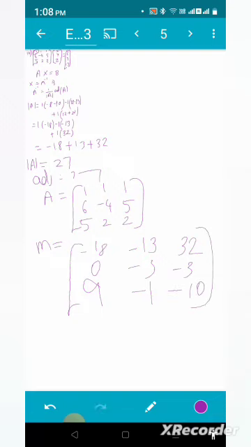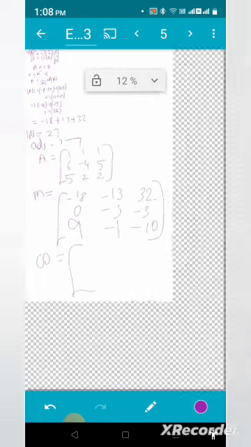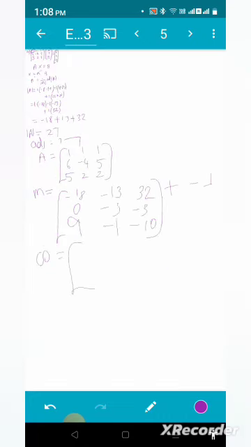So from this we have to find the cofactor value. The sign pattern is plus, minus, plus, minus, plus, minus, plus, minus, plus. We put this sign onto the minor value and we get the cofactor.